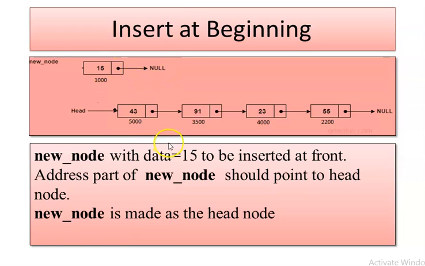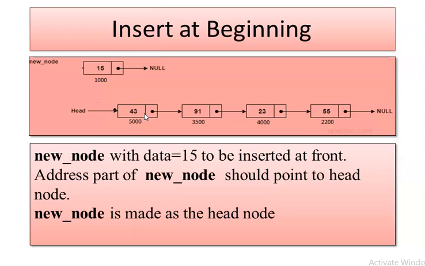So we have assigned a value 15 to it and null to the pointer, so that it is now an independent node. So we are trying to add this node at the front of the list. This is the simplest way of addition because no other process is being involved. We need to just link this head to this node and this null to the node having 43 as a value.